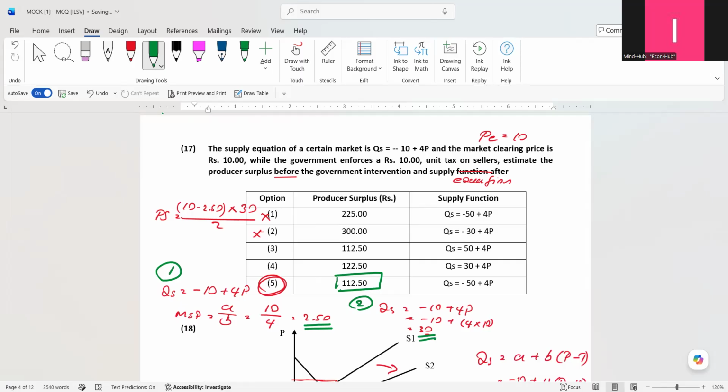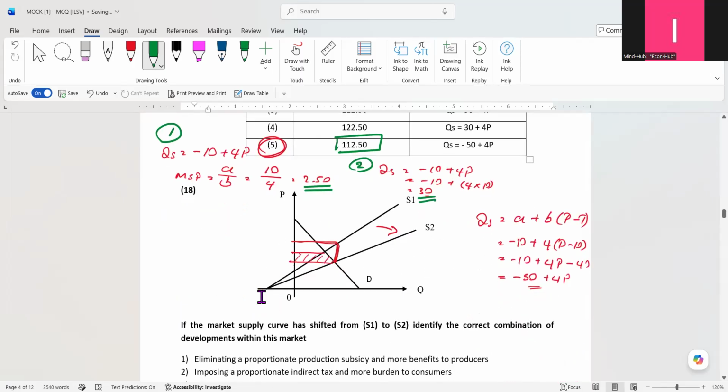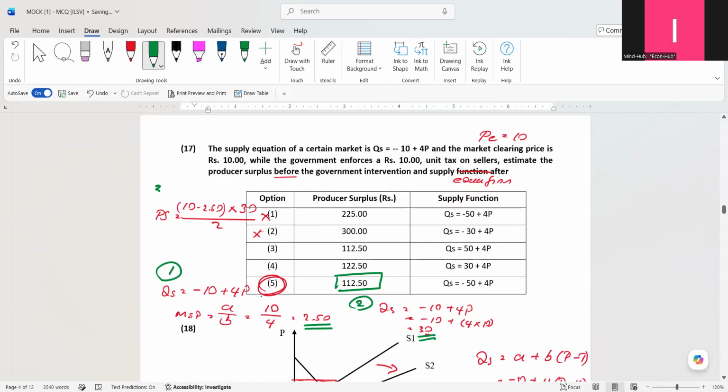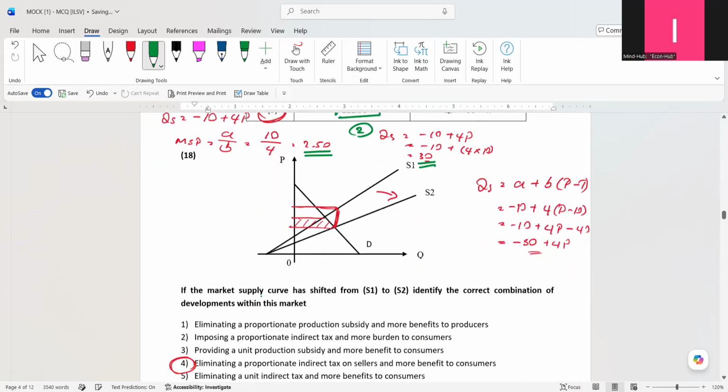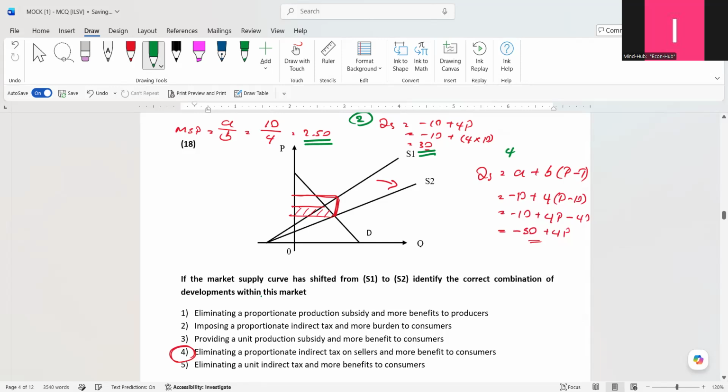Then I need the supply equation. Estimating this is the third step. Then as a fourth step, I've estimated the new supply equation, or we say the tax adjusted supply equation.